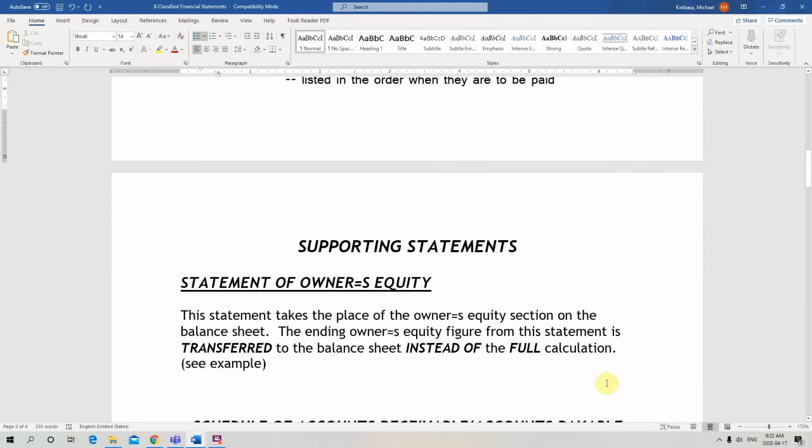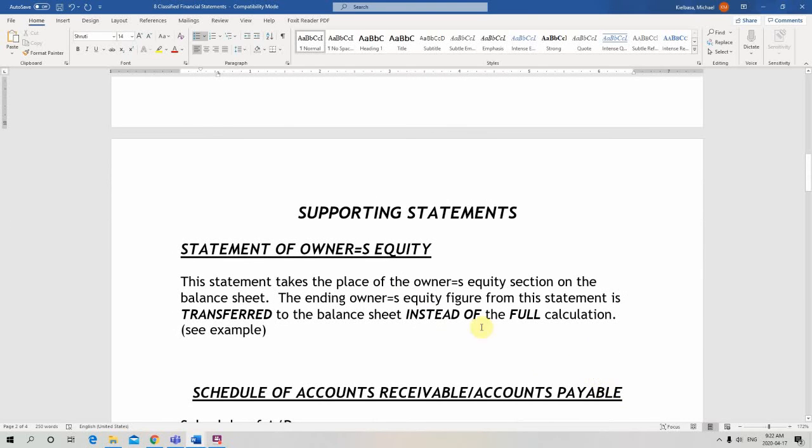All right, so another thing we can fill out is something called a statement of owner's equity. And the statement of owner's equity is going to be easy for you as well, because it's just the owner's equity section that you have been completing on a balance sheet on a separate piece of paper.